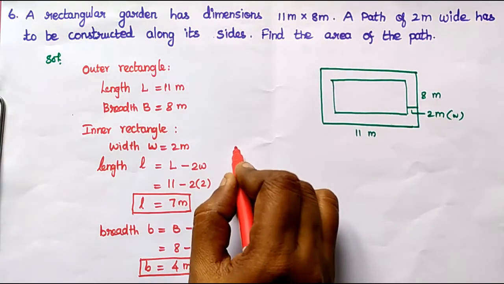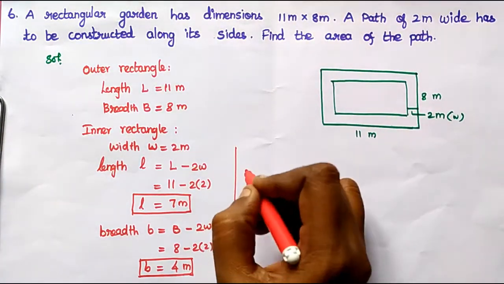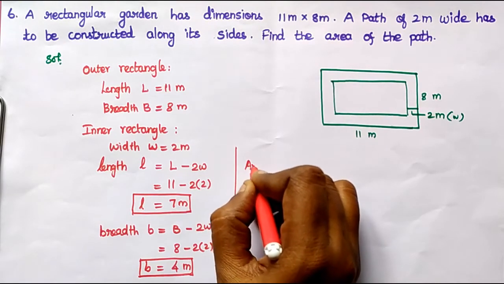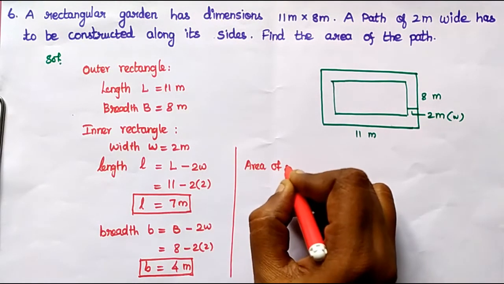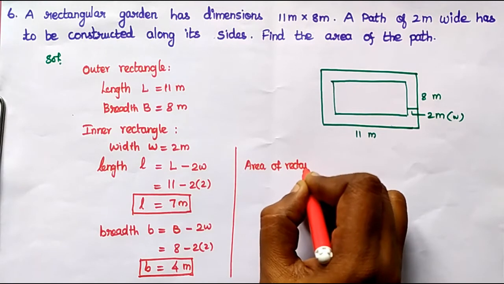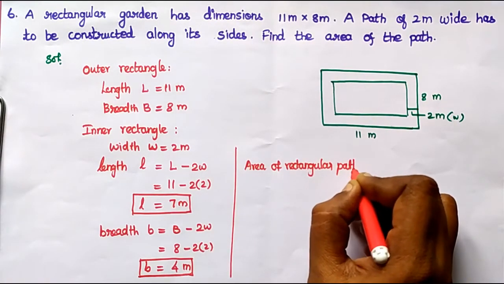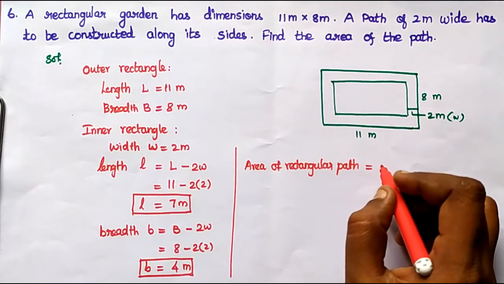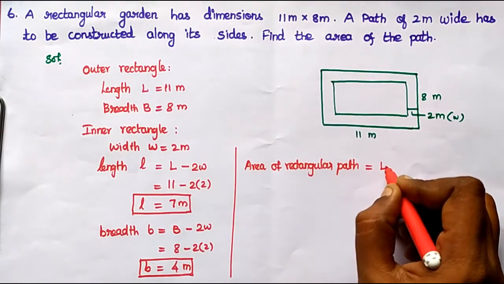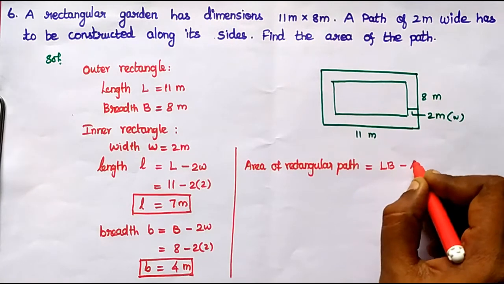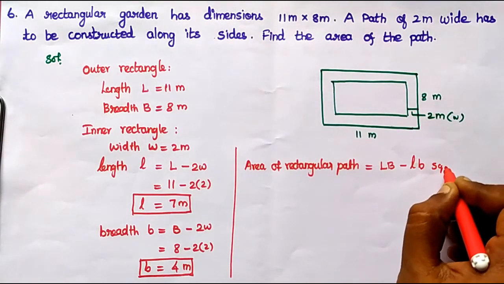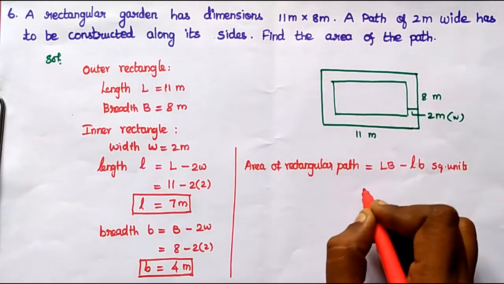Now area of the rectangular path is equal to LB minus lb square unit.